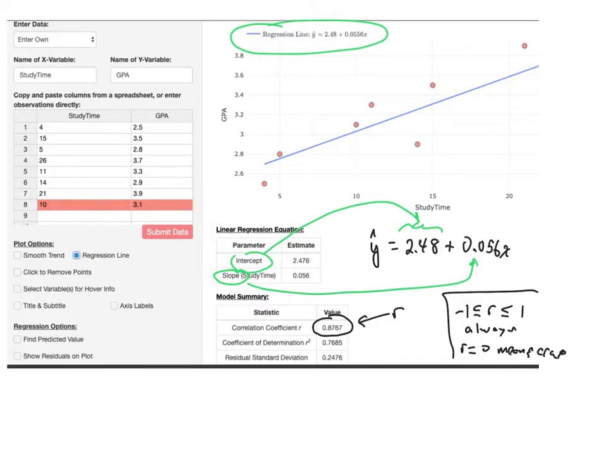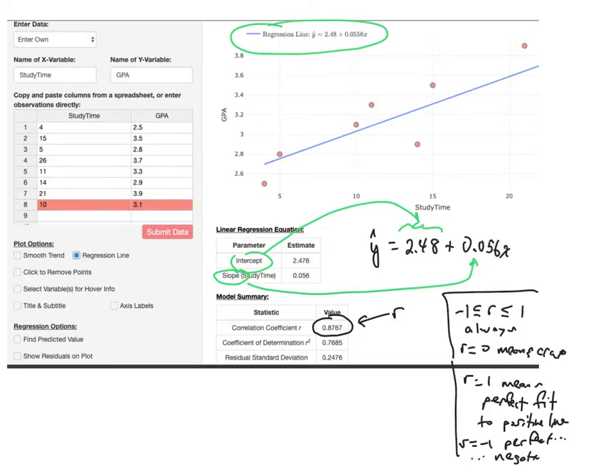In other words, R equals 0 is what it would look like if your dots came from just spritzing water on the screen or sneezing on the screen or something. R equals 1 means it's a perfect fit to the points, a perfect fit to a positive line. And R equals -1 is a perfect fit to a negative line. Negative meaning that the line's falling from left to right as opposed to growing from left to right.